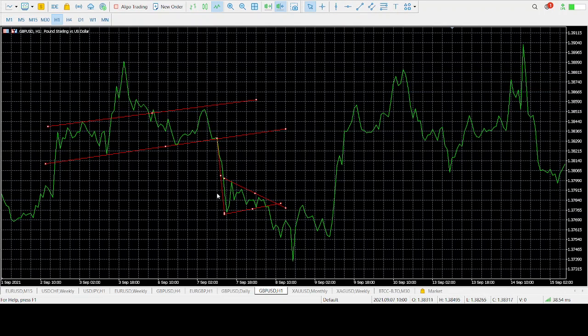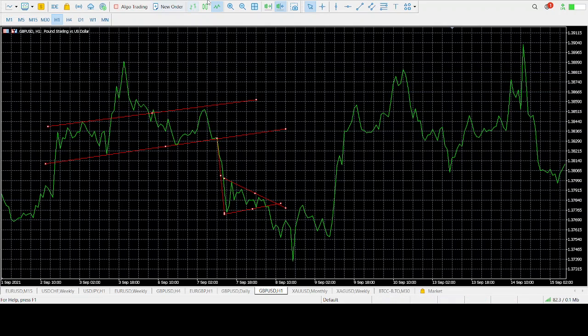We see the triangle when the price is going up and down, but the channel is getting smaller and smaller. It's called price consolidation, and it usually means that there's going to be a breakout. The breakout, in most cases, will be in the same direction that the price entered the triangle. So here the price went down and the triangle was formed here. So we are expecting a breakout on the downside, which happened.